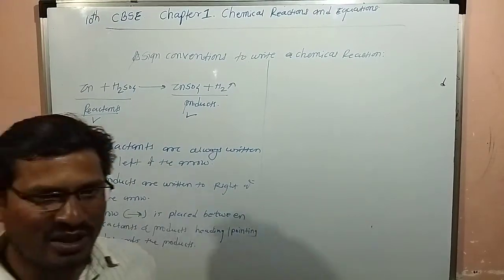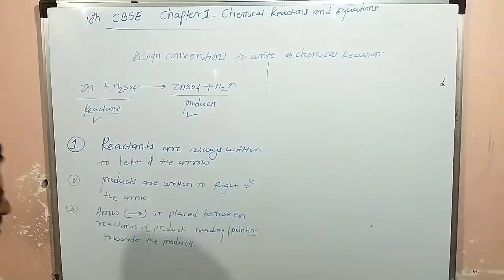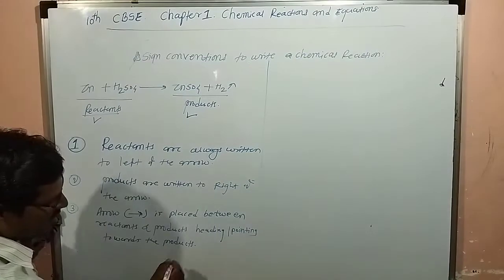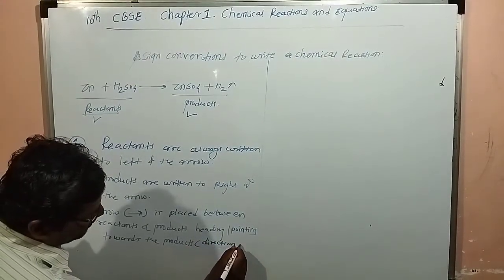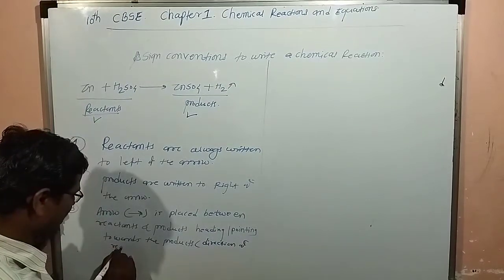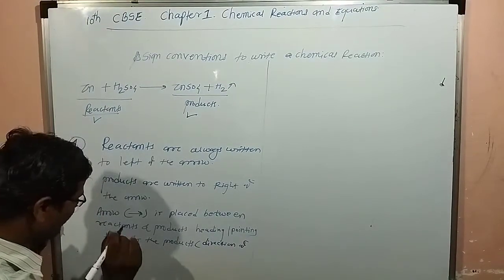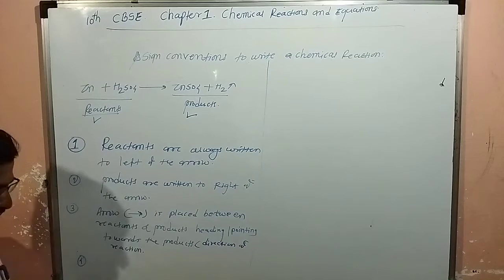So the arrow is showing the direction of the chemical reaction. So what is the use of that arrow? It shows the direction of reaction.